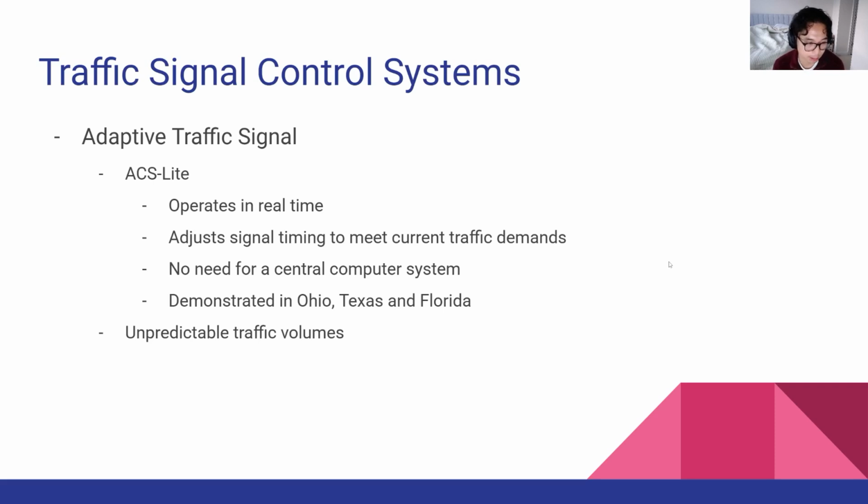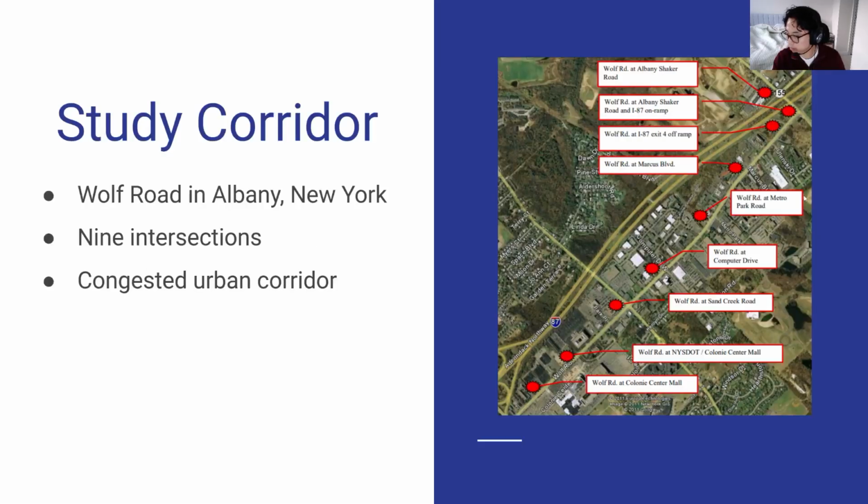Whereas for the pre-timed and the actuated that you saw before, both semi and fully actuated, there's a central computer system that controls, and when a vehicle is, for example, detected, that's when they get green time, right? In this case, everything can be operated from a laptop actually. And ACS Lite is actually already demonstrated in Ohio, Texas, and Florida.